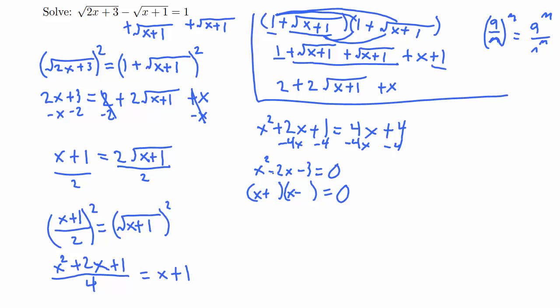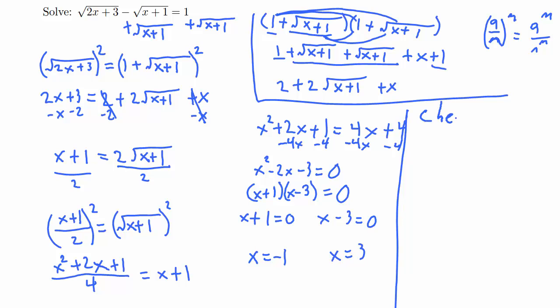Notice that because the 2 is negative, 3 must also be negative, and that means that 1 is positive. Therefore, x plus 1 equals 0, or x minus 3 equals 0. Which, subtract 1, add 3, that means that x is equal to negative 1, and x is equal to 3. And again, we have two proposed solutions. So we must check these.